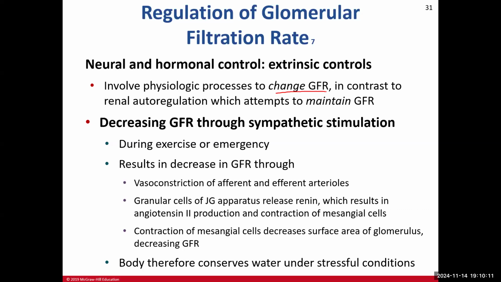So that means we're going to cause vasoconstriction. Here we have a situation for a decrease in glomerular filtration rate. We need to decrease the glomerular filtration rate. So how do we do that? Vasoconstriction, in both the afferent and also the efferent.